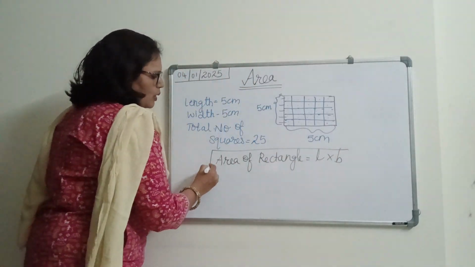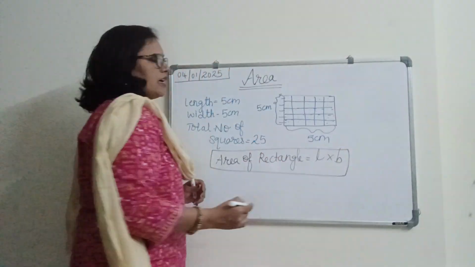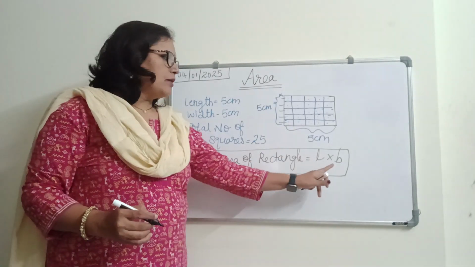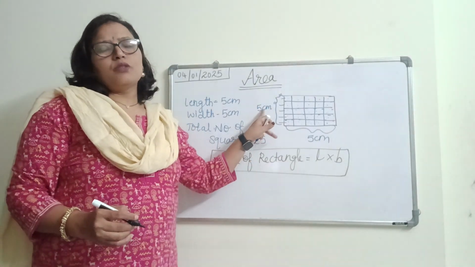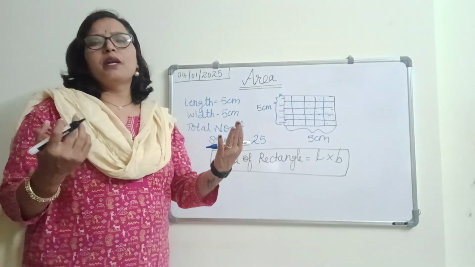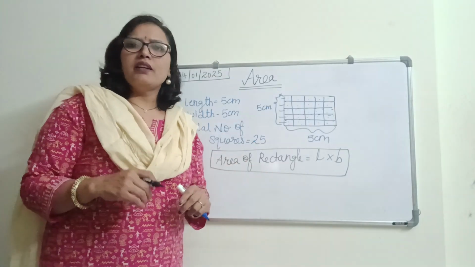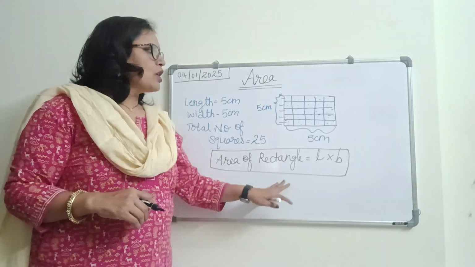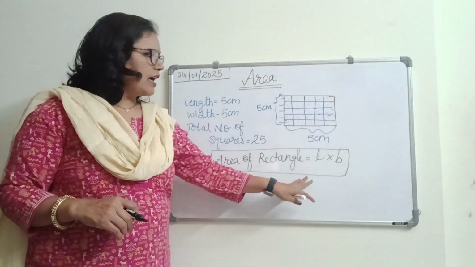This is the formula to find the area of a rectangle, where L is length and B is breadth. Suppose a length and breadth are given, you can find the area of the rectangle using this formula.